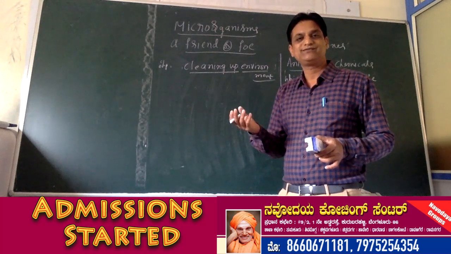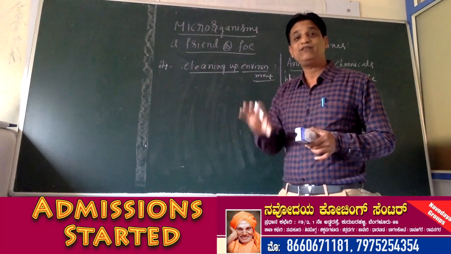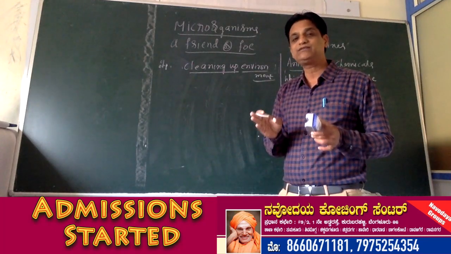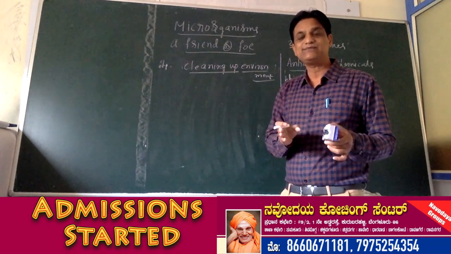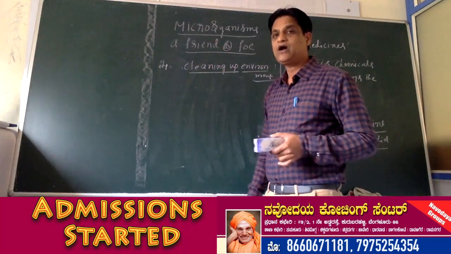You know that when living organisms die, whether it is a plant, animal or human being, the body of that living organism gets decomposed, and that decomposition of dead organisms happens with the help of microorganisms.